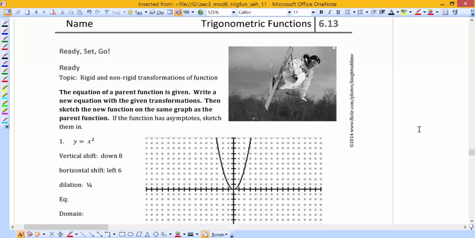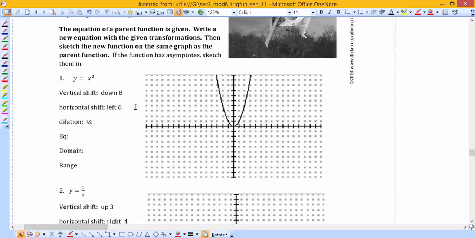You are being asked to graph a whole bunch of different functions, and it's been a while. Here you want to write the new equation with the given transformations, and then you're going to sketch the new graph. It might be easier to sketch the graph first.